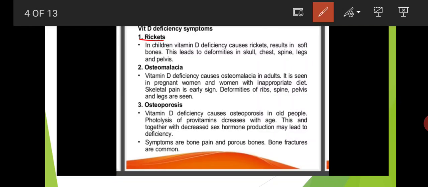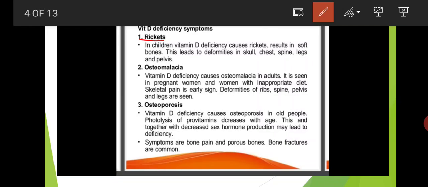This leads to deformities in the skull, chest, spine, legs, and pelvis.